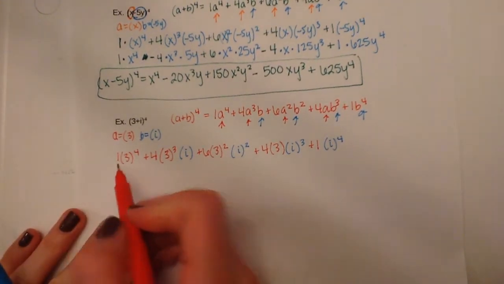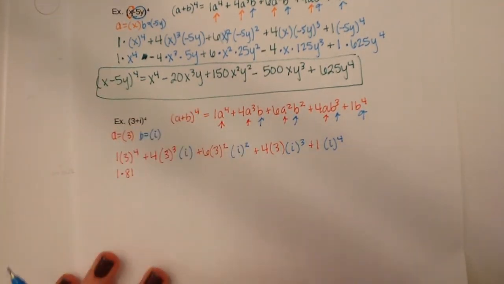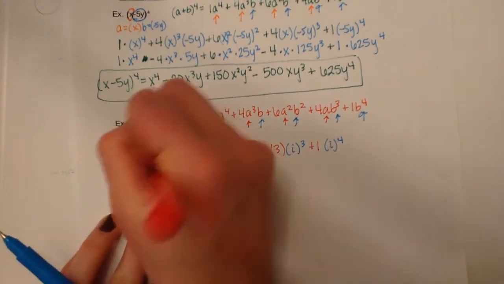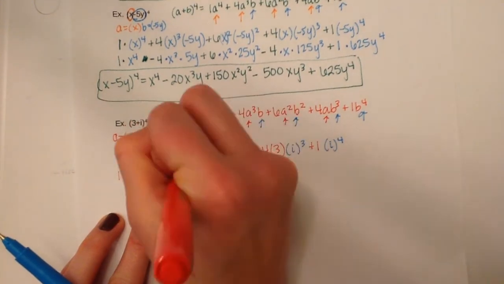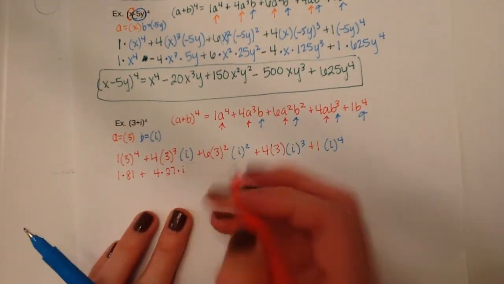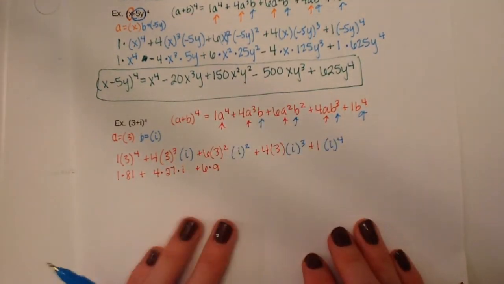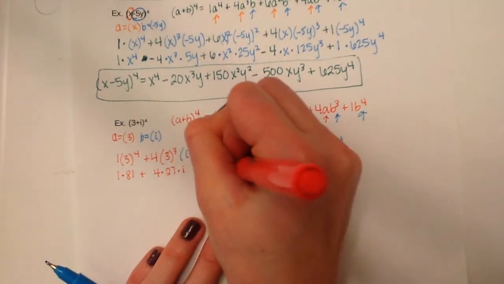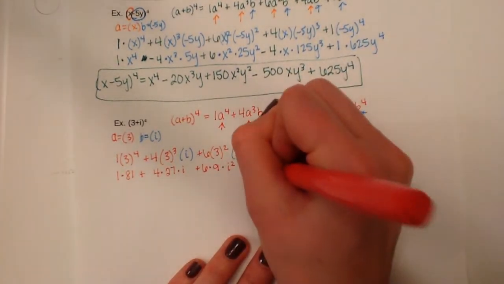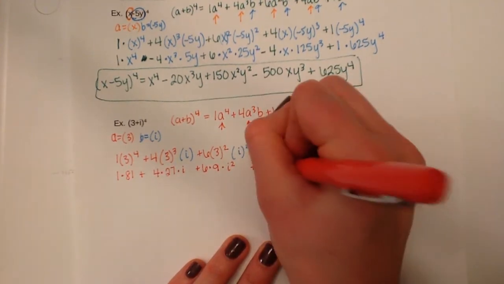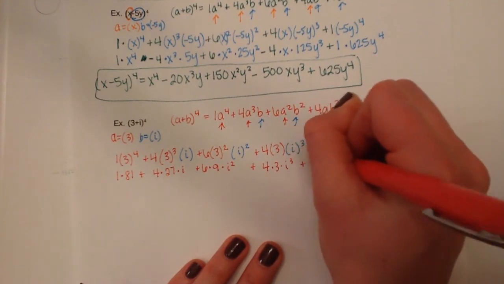Alright, so this now becomes 1 times 3 to the 4th, which is 81, plus 4 times 3 cubed, which is 27, times i, plus 6 times 3 squared is 9, and i squared, plus 4 times 3 times i cubed, plus 1 times i to the 4th.